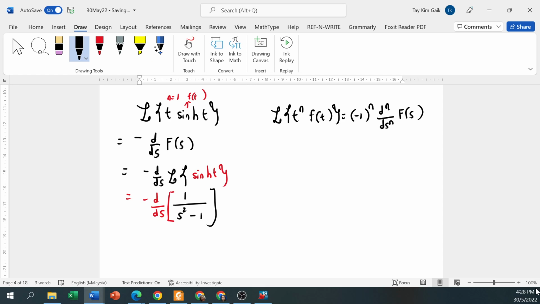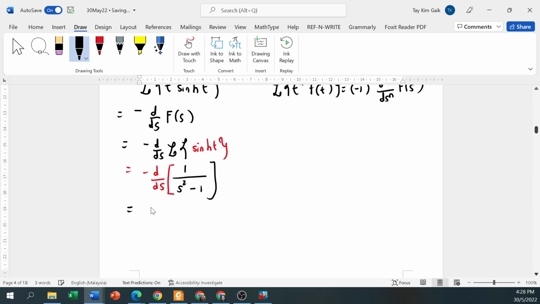So now it becomes a problem of differentiation. You want negative d/ds. Because the numerator is constant, it is easy: make it become (s squared minus 1) power negative 1. For differentiation, you bring down the power, which is negative 1, and the power becomes minus 2.